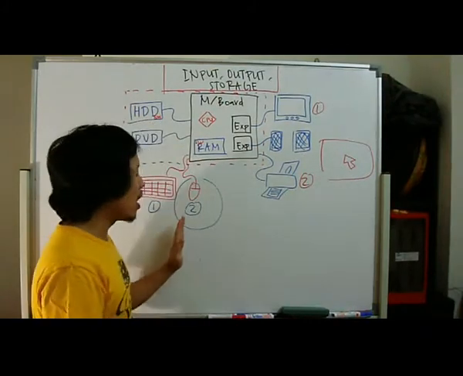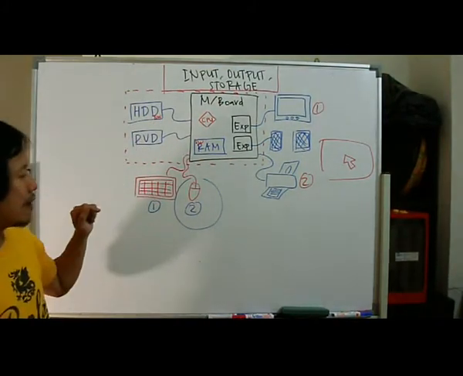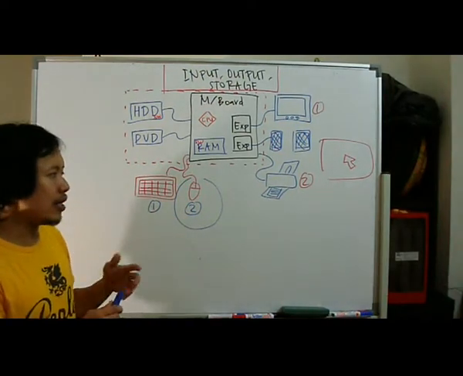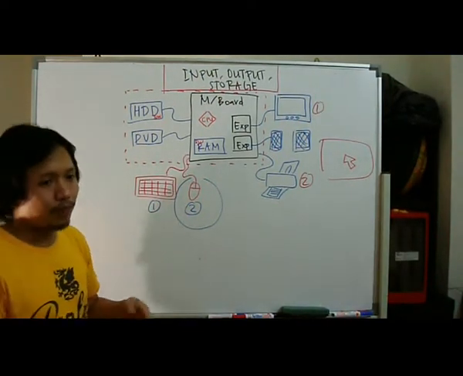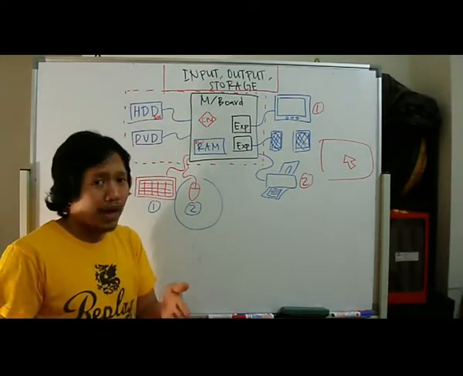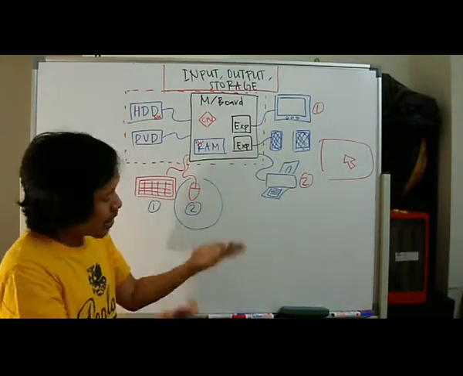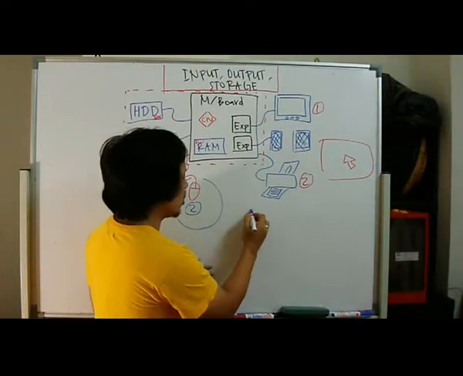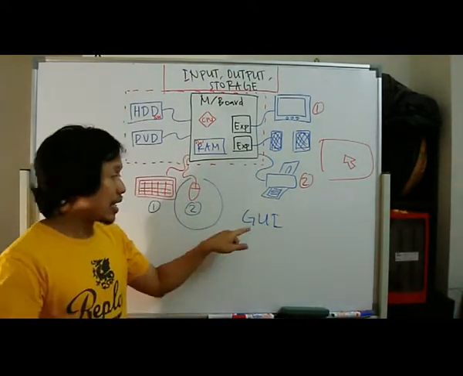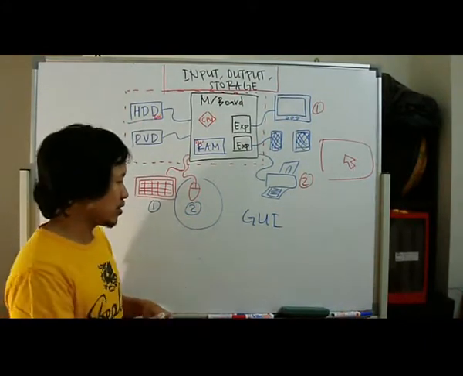Now, the mouse is a very useful input device when we use the current type of user interface. Now, once you switch on your computer, nowadays you might be using a Mac or a PC or a tablet or whatnot. We'll mostly use GUI, which stands for graphical user interface, right?